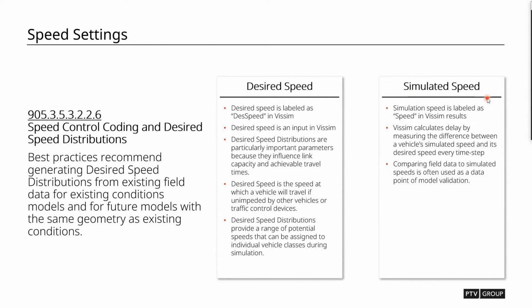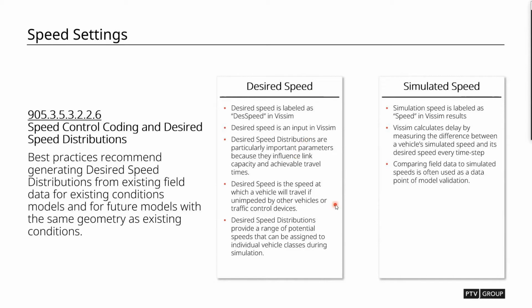What you do is you simulate the driver behaviors, you simulate the interactions between vehicles and infrastructure, and you simulate what speeds they want to be going, and then you measure their actual speeds as they traverse your network, and you compare the two, desired speed to actual speed, and that gives you your delay, because the desired speed will produce a specific desired travel time throughout the network, and then the simulated speed will give you your actual travel time. And the difference between your desired and your actual travel time is the delay experienced by that individual vehicle that then is aggregated into larger facility level delay results.